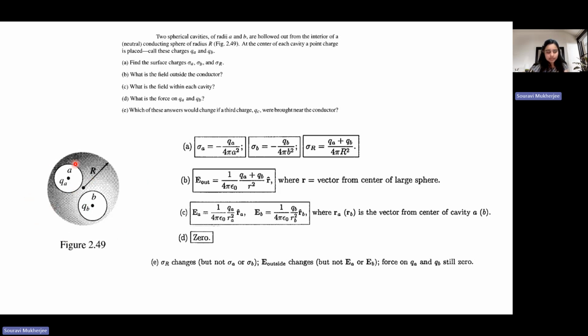Even if you bring new charge here, that will change the field here, but it will not change the field in this cavity. So these cavities are very much isolated from the surrounding region because of the presence of this conductor. This kind of shielding can be achieved by surrounding a region with conductors, covering it with a conducting layer.